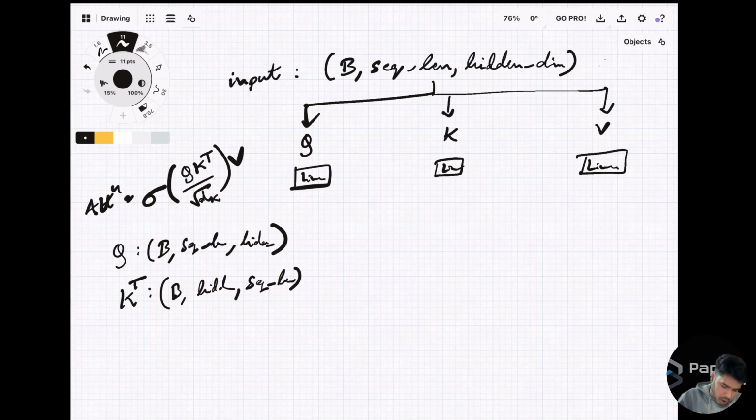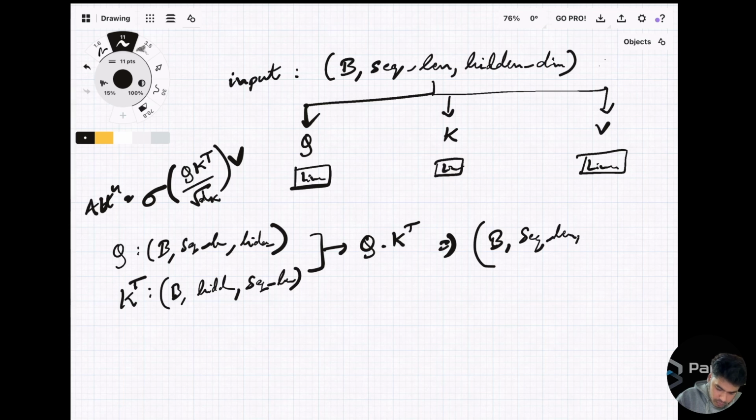Of course, we are not going to be transposing the batch dimension, because that's just the batching dimension. So what happens when we do Q dot product K^T? We essentially end up with a tensor of dimension sequence length, comma, sequence length.